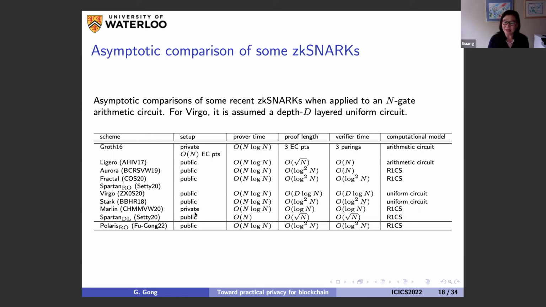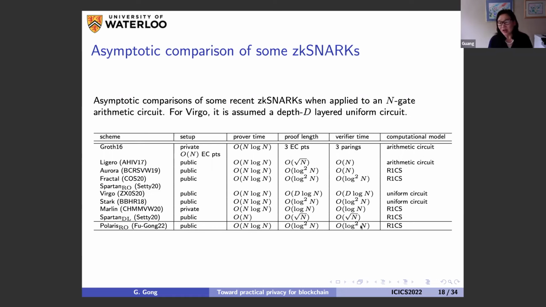However, it's updatable for their CRS, and they also have this log cost. And Spartan, if you're using the discrete logarithm, the proof size and verifier time will be square root of n, okay, instead of log. And this is our new work. We call it Polaris.